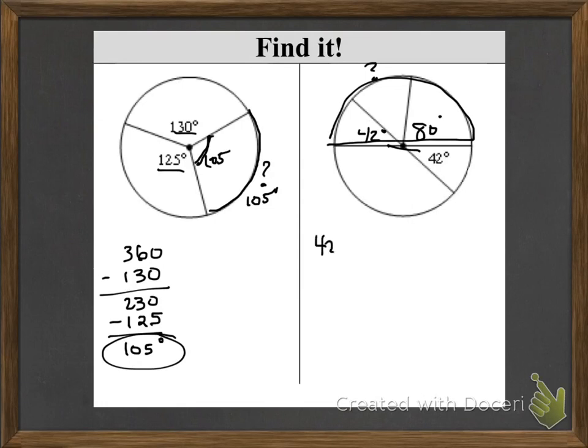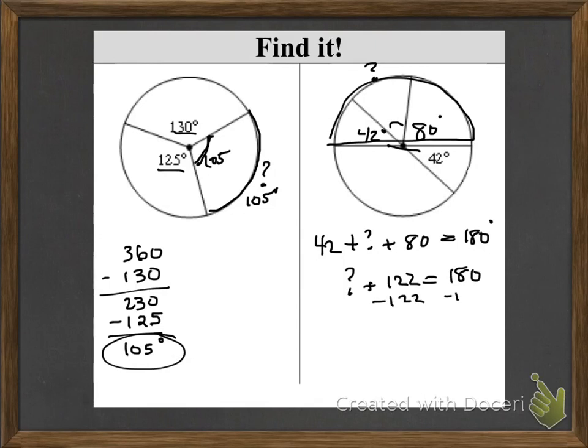So 42 plus that central angle that we're trying to solve for, plus 80 equals 180 degrees, because that's half of a circle, so it's half of 360. So I have my question mark, combine like terms here, plus 122 equals 180, subtract 122. My question mark is 58 degrees. So the angle is 58 degrees, which means the arc is also 58 degrees.